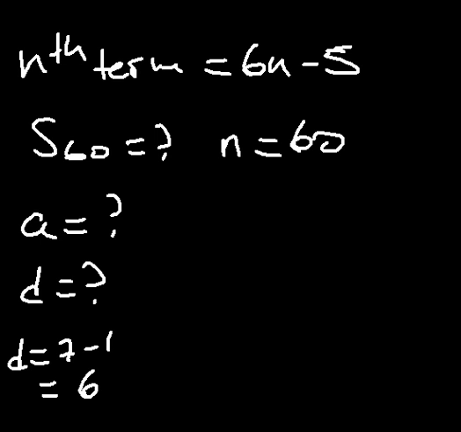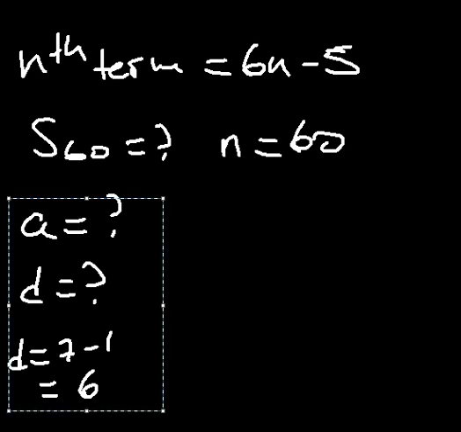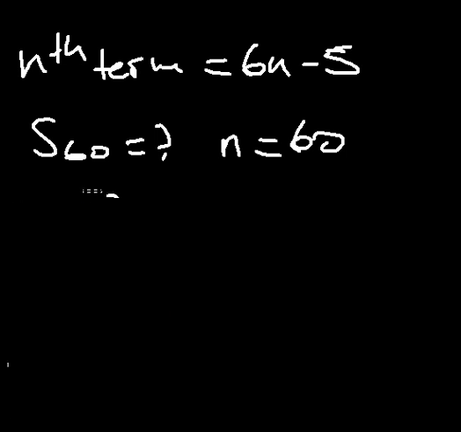In that case, the common difference is 6. That's how you should do it if you are given the nth term formula to have the sum of the terms for an arithmetic progression. So the first term has been obtained as 1, and the common difference as 6.